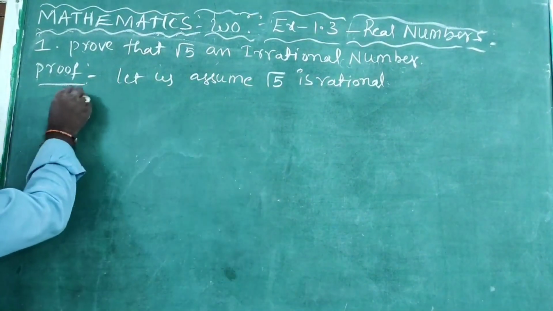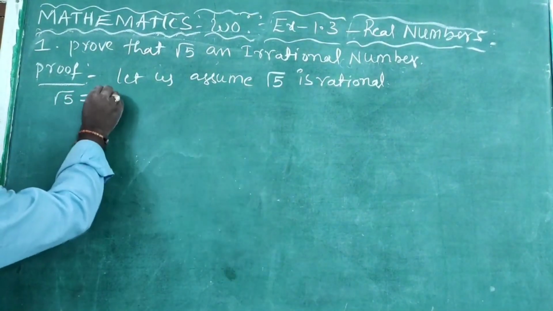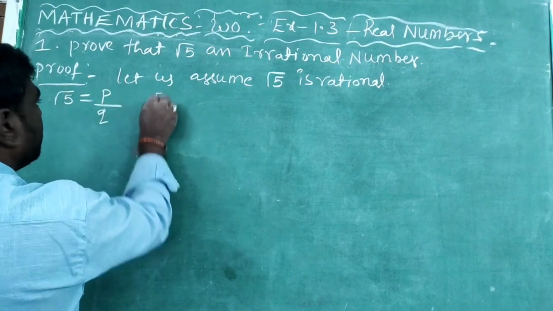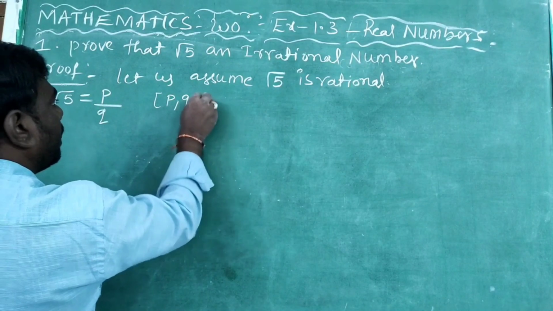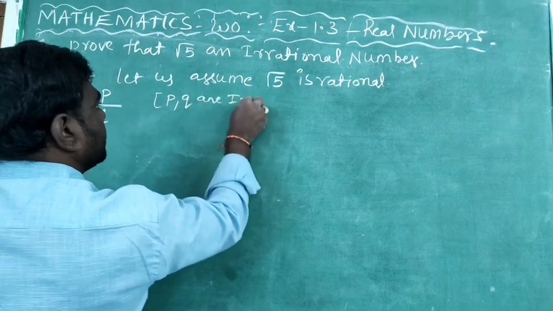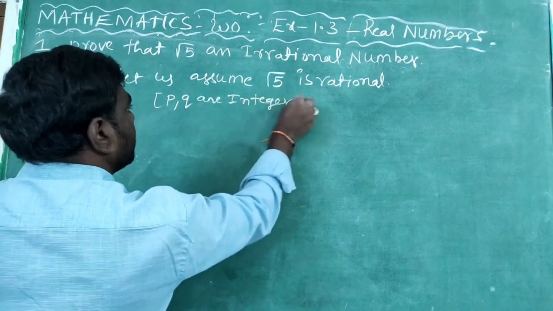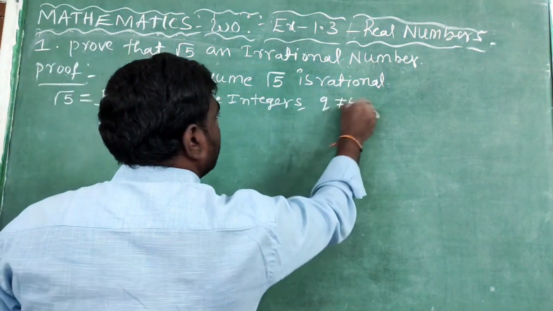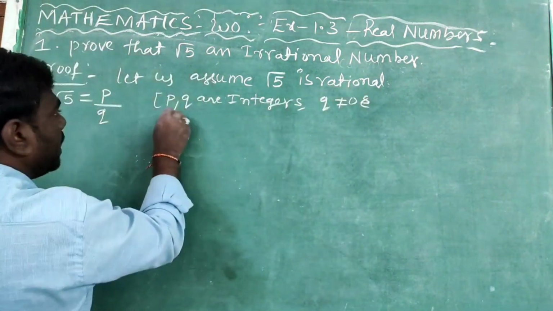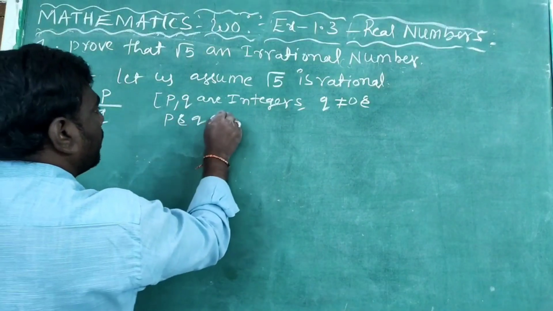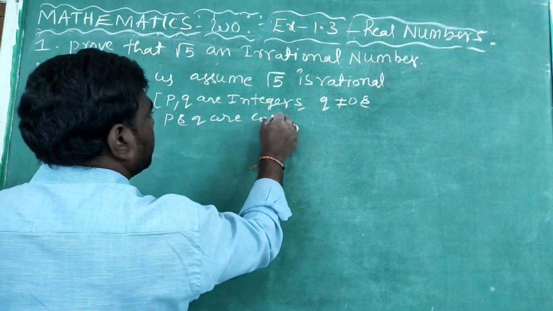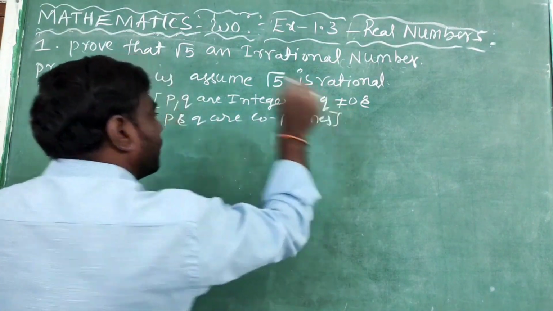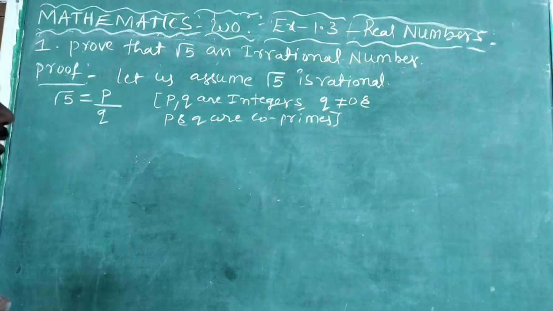So root 5 I can write in the form of p by q, where p and q are integers, q is not equal to 0, and p and q are co-primes. These are the rational number conditions.